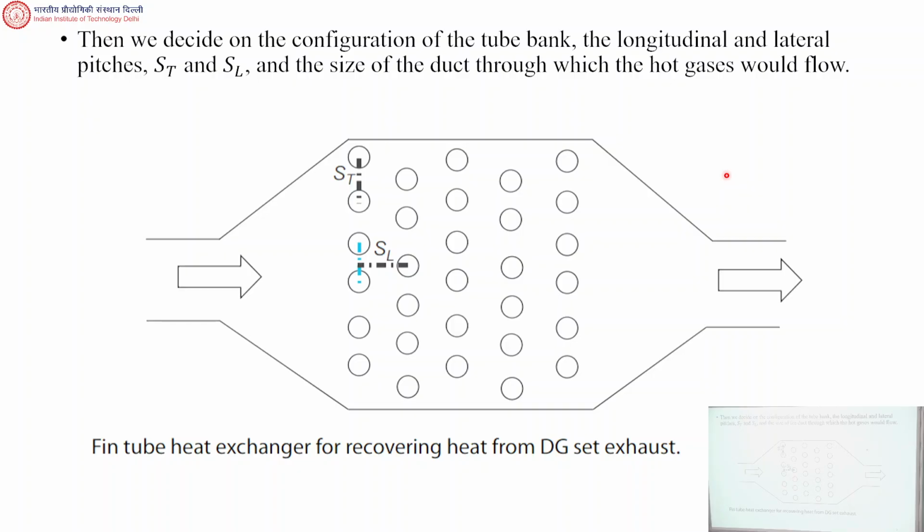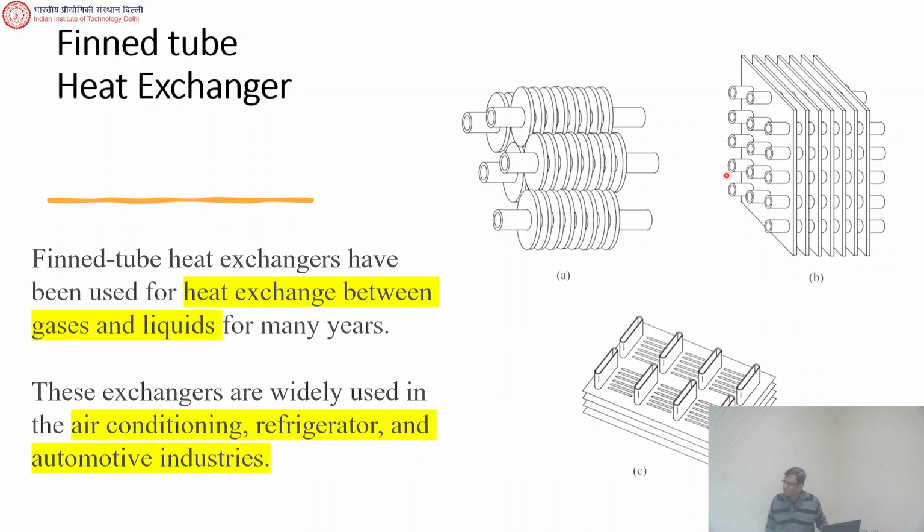So we need a heat exchanger for that, which will transfer the heat from the flue gases to water. And there are many types of heat exchanger which are possible, but based on experience, we thought we will start with a finned tube heat exchanger. Okay, so what is a finned tube heat exchanger? It kind of looks like this.